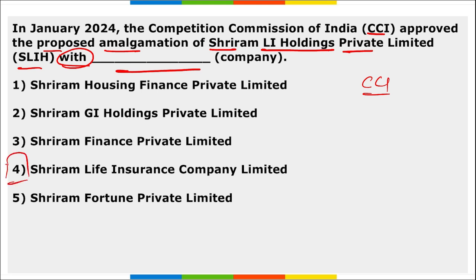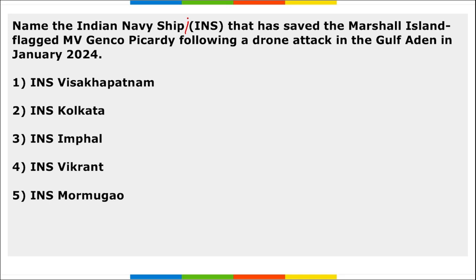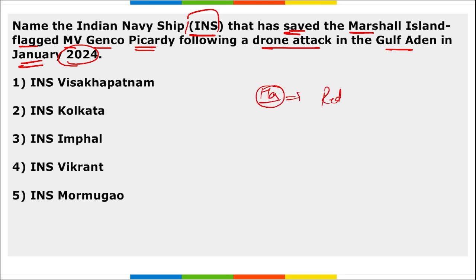Right? Next, name the Indian naval ship that has saved the Marshall Island flagged MV Genco Picardy following a drone attack in the Gulf of Aden in January 2024. We are seeing that Houthis attack in the Red Sea, right? We are seeing that in the Gulf area there is a fight basically going on.